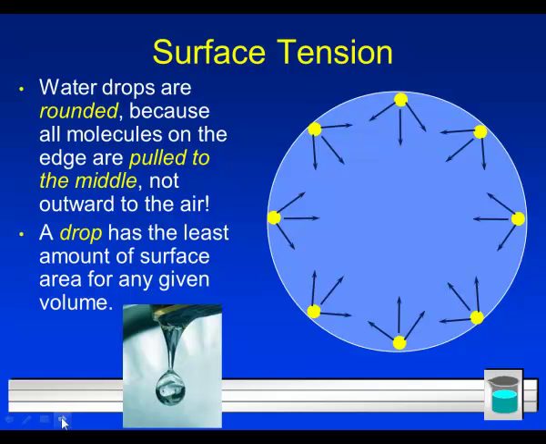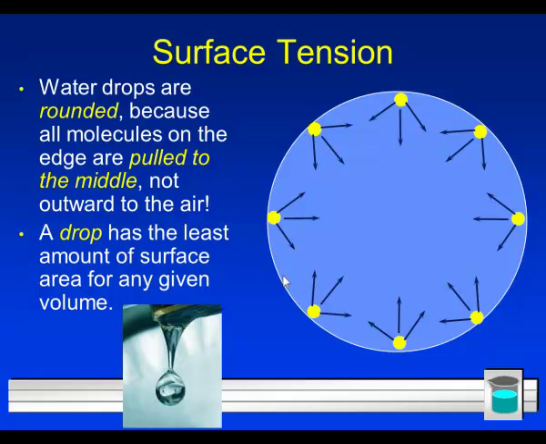That rounded appearance of water is also a function of surface tension, and these attractive forces on the surface only being down and side to side. So that pull from all directions below the surface keeps a droplet of water in a spherical shape.